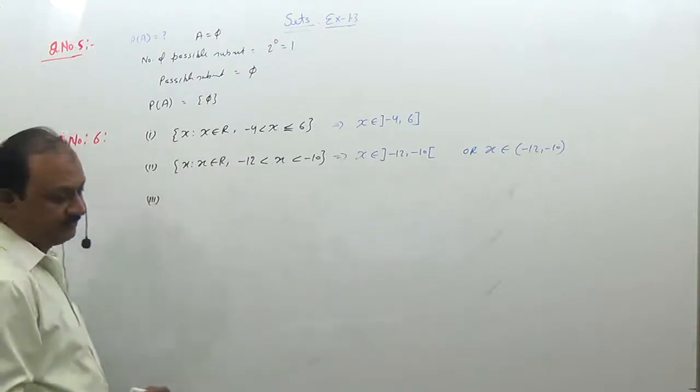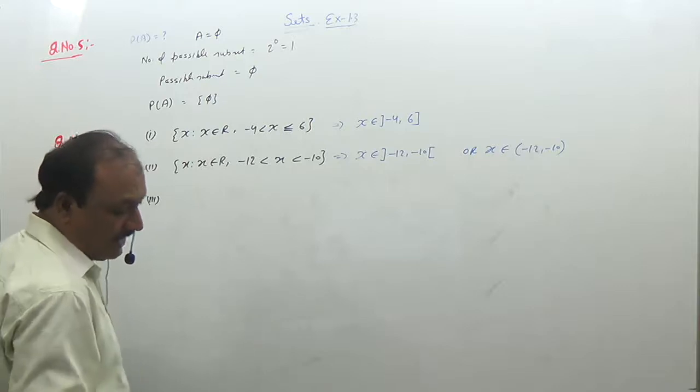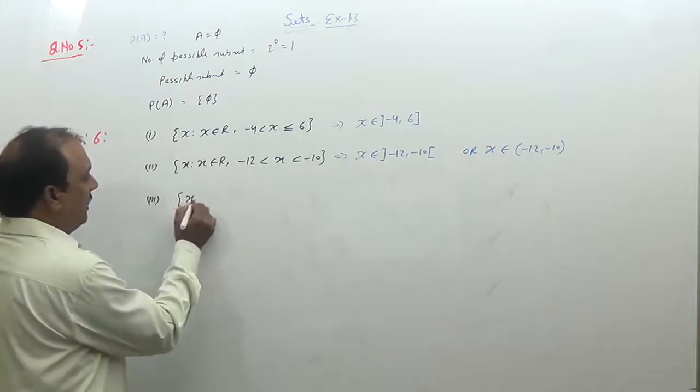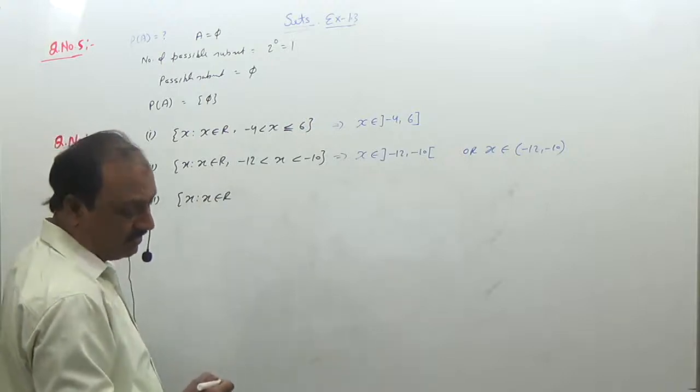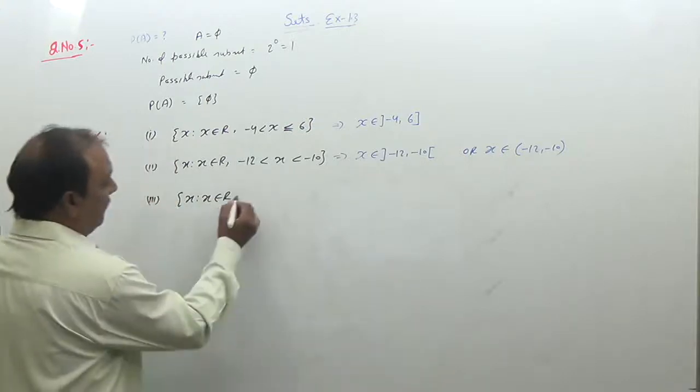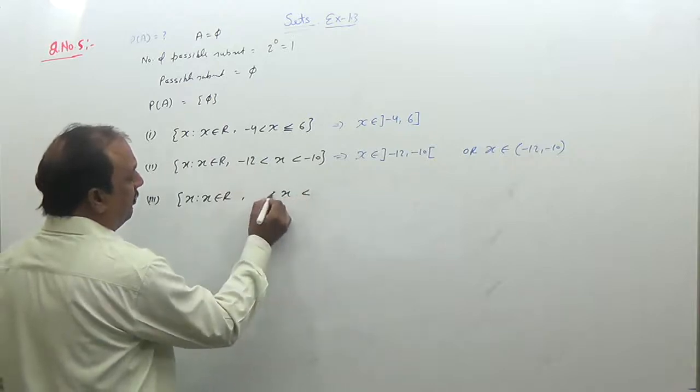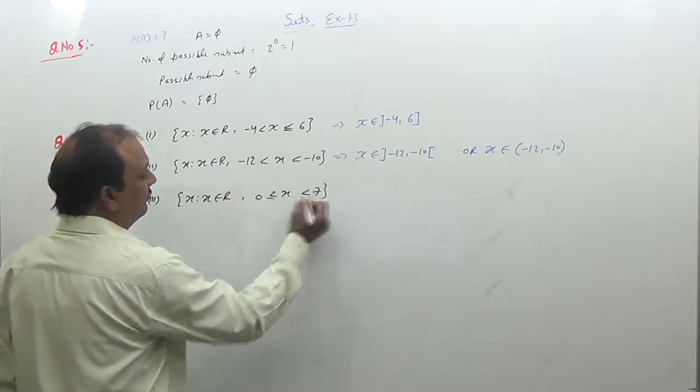Third part is x such that x belongs to R. That is a set of all real numbers which are less than 7 and more than or equal to 0.